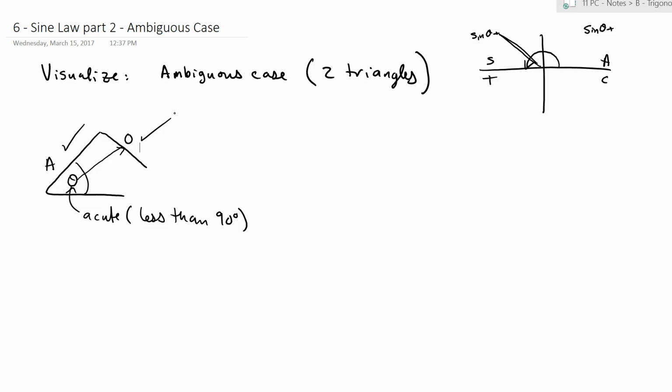Now it occurs when opposite over adjacent is less than 1 and sine of theta, which is given, is going to be less than opposite over adjacent. So that's when it occurs, because then you can have two different triangles.